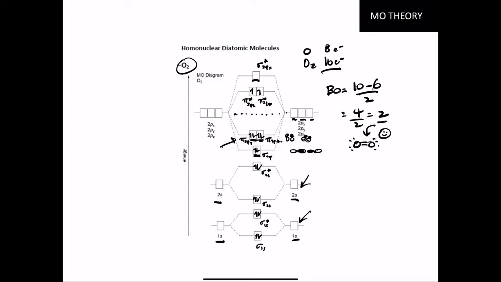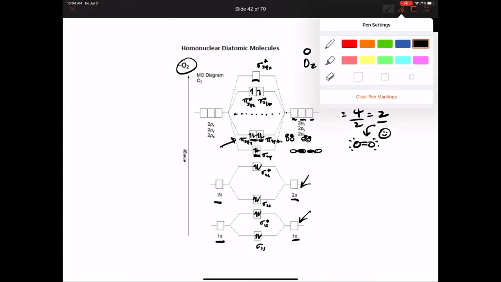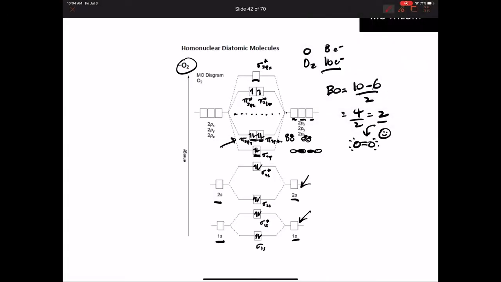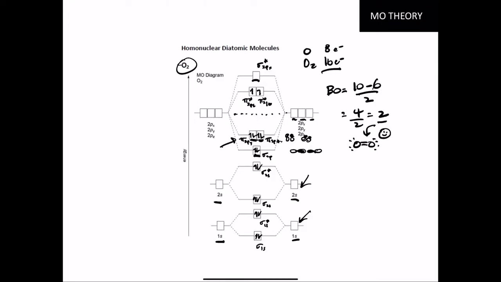Let's just look at this. So here's a shortcut to think about. We'll go back. I can count all of the bonding electrons, or what I know is if I have a full MO, the sigma and the sigma star are both full, these guys are going to cancel each other out, so I can ignore them, right?